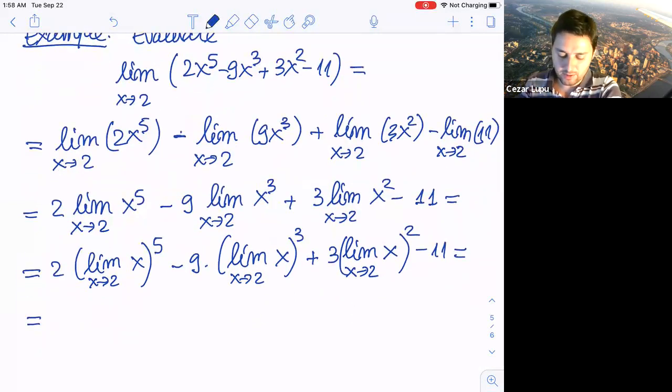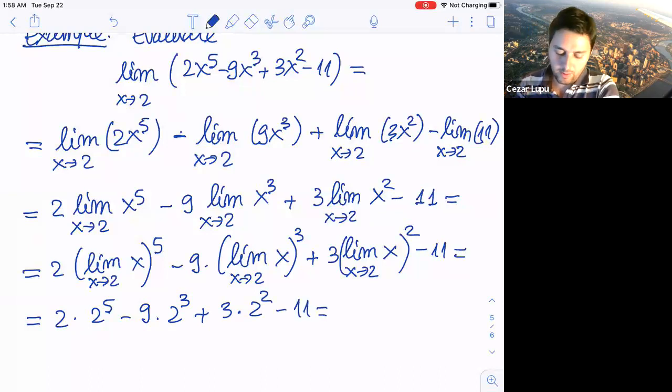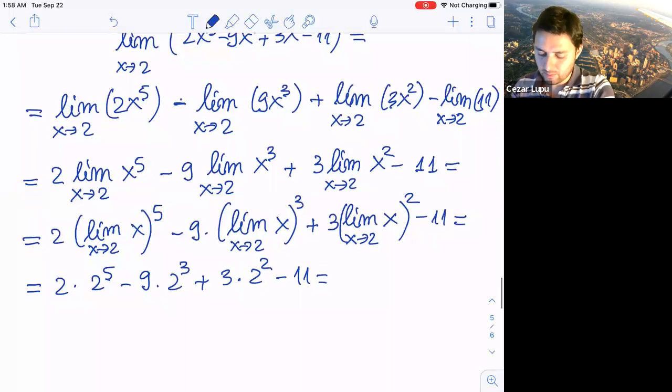So now it will be 2 times 2 to the 5th minus 9 times 2 cubed plus 3 times 2 squared minus 11. And if we do all these computations here, it will be 64 minus 72 plus 12 minus 11.